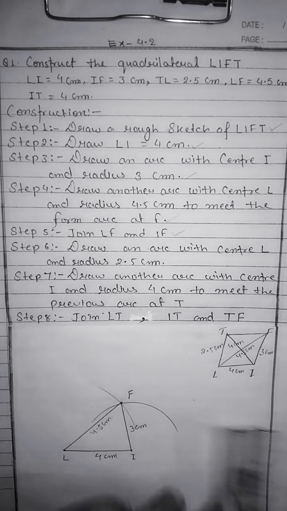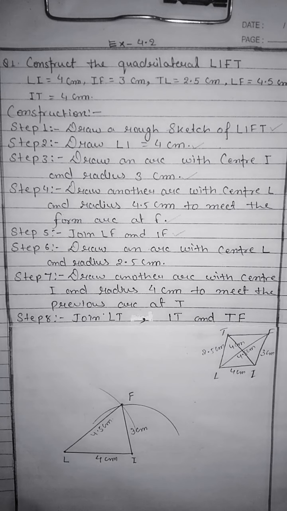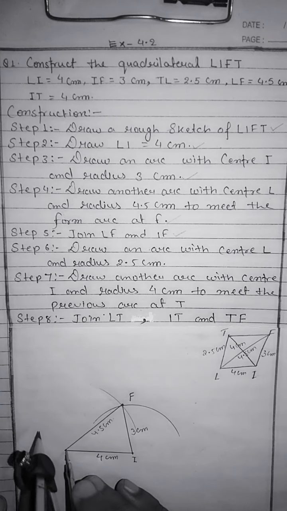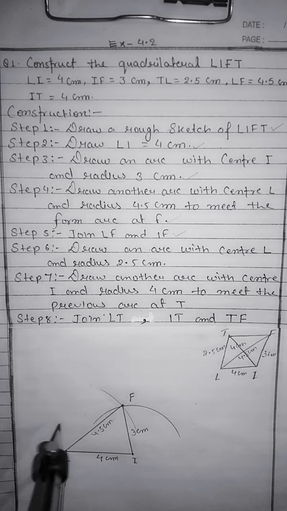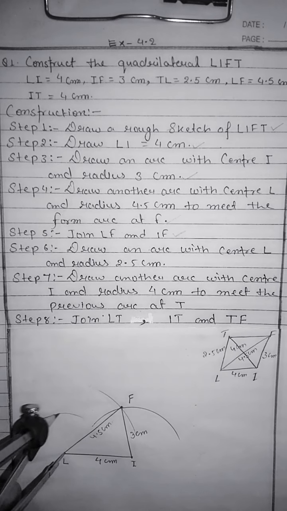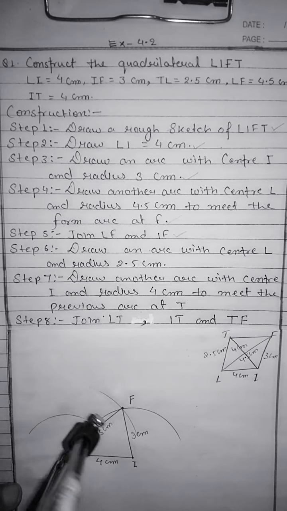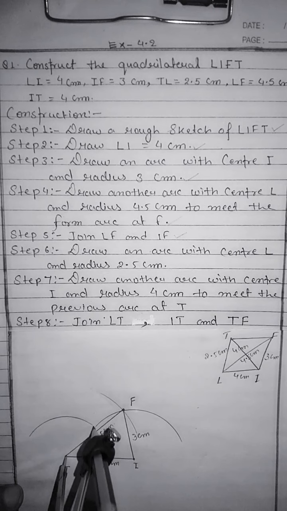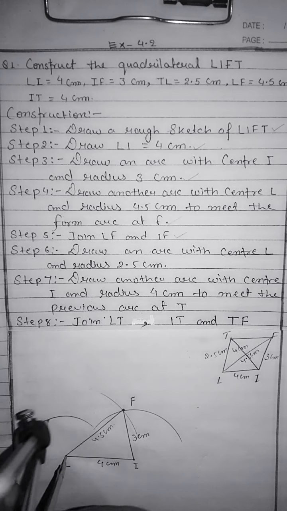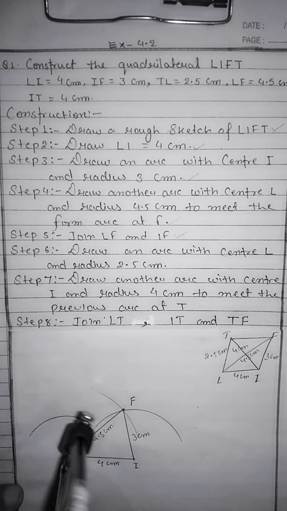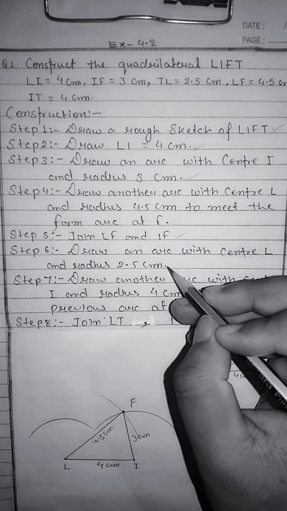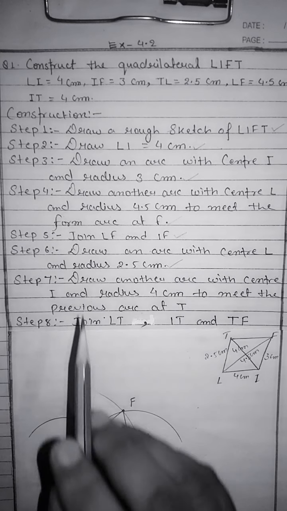I have taken it. Now take L as a center and cut an arc of radius 2.5 centimeter here. It is the arc of radius 2.5 centimeter. Now step number 6 is completed.